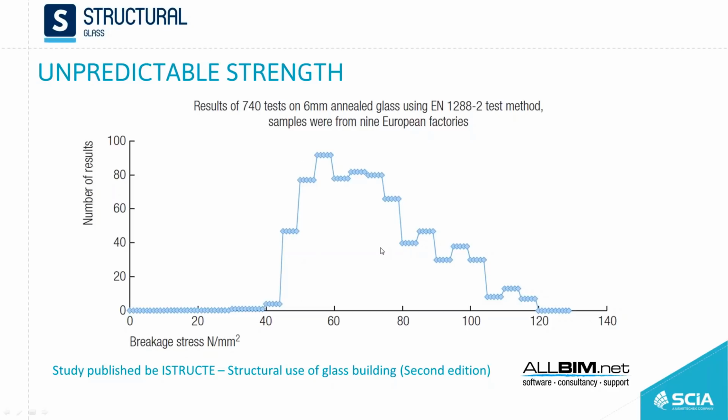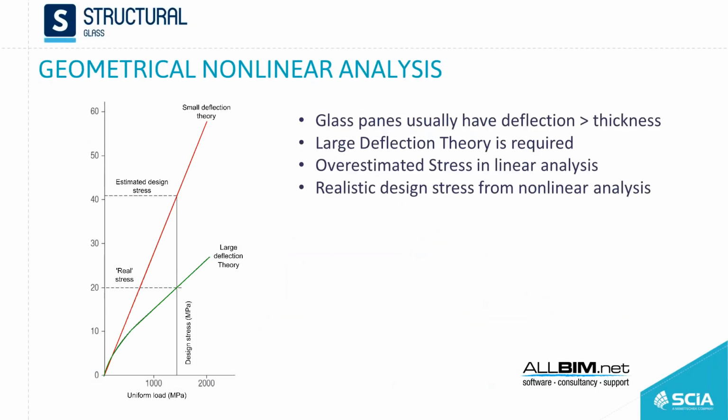And they got very different results, from 40 megapascals or Newton per square millimeter to 120. So this leads to quite high safety factors because we need to choose where we need to be in the safe area, but at the same time have some economic margins.